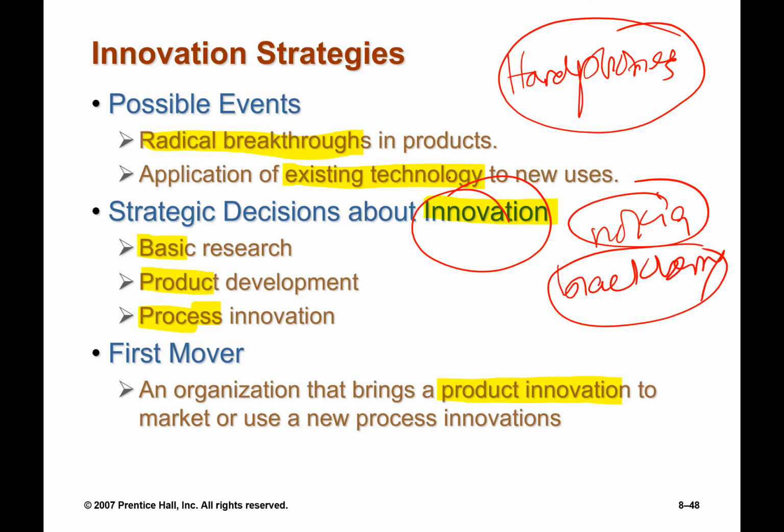Otherwise you are going to be left behind. So that's why handphone companies, Apple, Samsung, they are always trying to come up with new things. Otherwise, other companies will be taking over their position. Okay, so their survival depends very much on innovation.